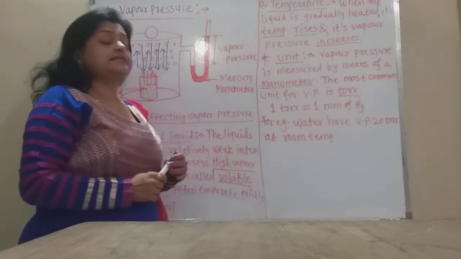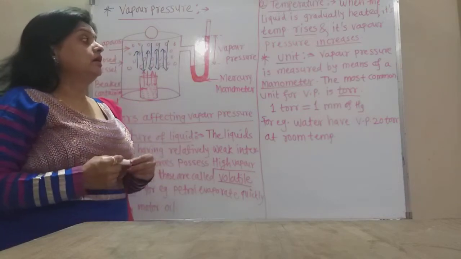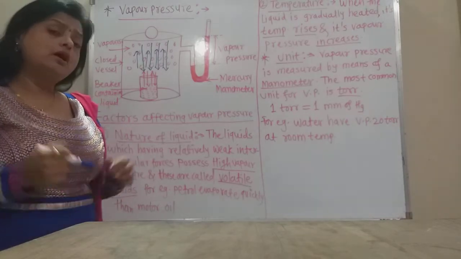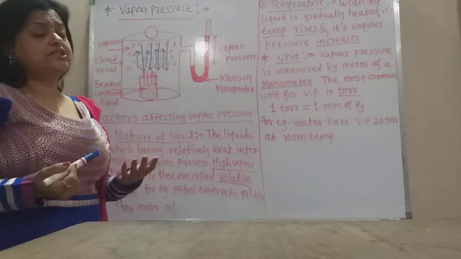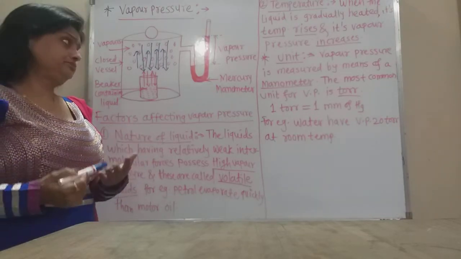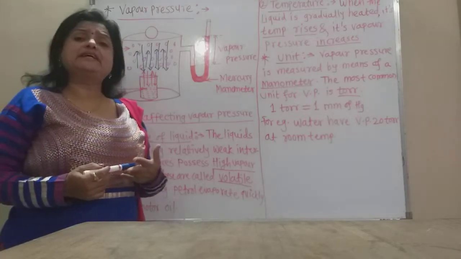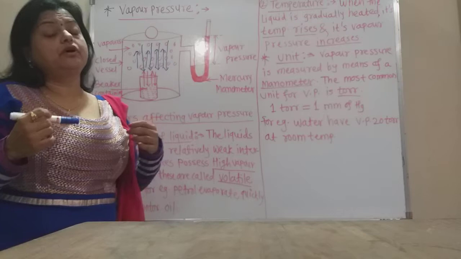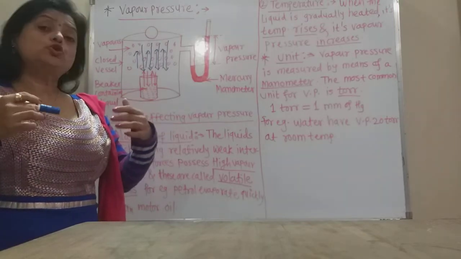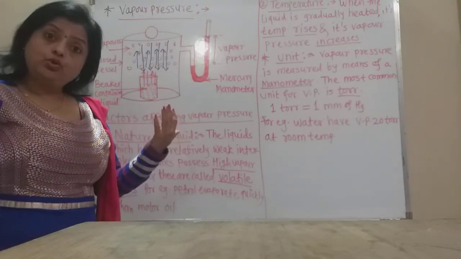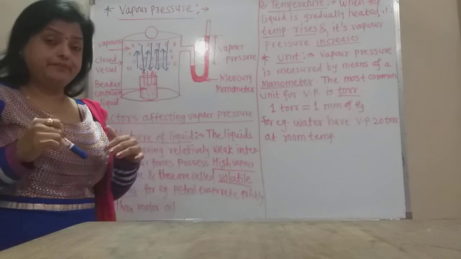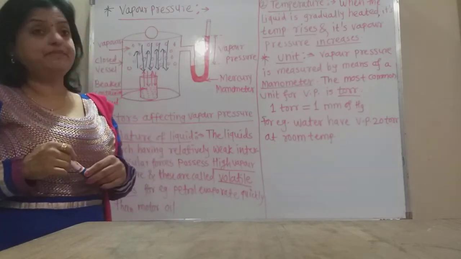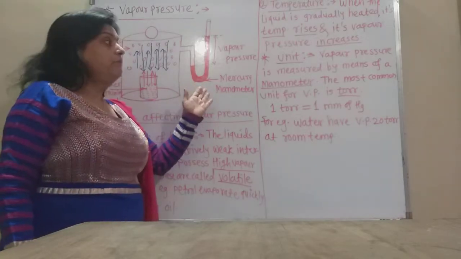Now, what is the unit to measure the vapor pressure? Vapor pressure is measured by means of a manometer. A manometer is the same as a barometer, but it measures the pressure in a closed space. Atmospheric pressure, which is open pressure, is measured by the barometer. But to measure the pressure in a closed container, the pressure is measured by the mercury manometer.